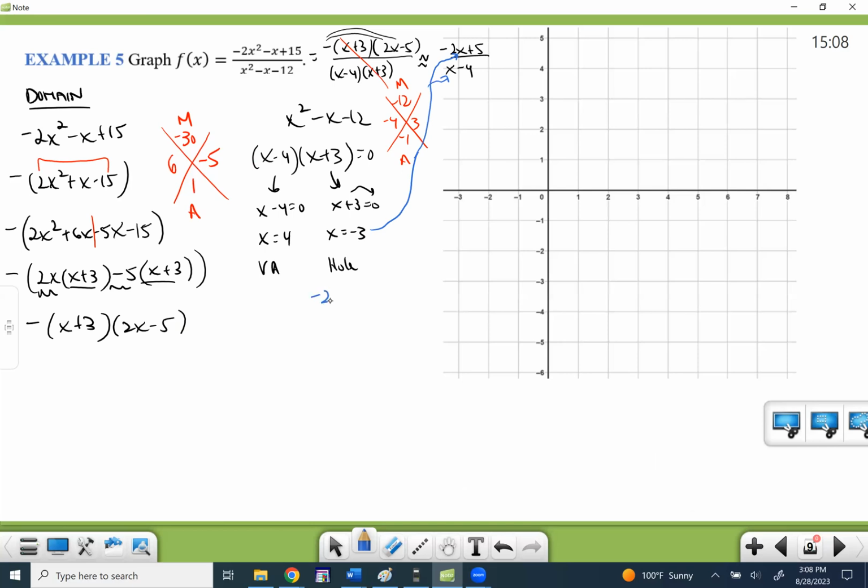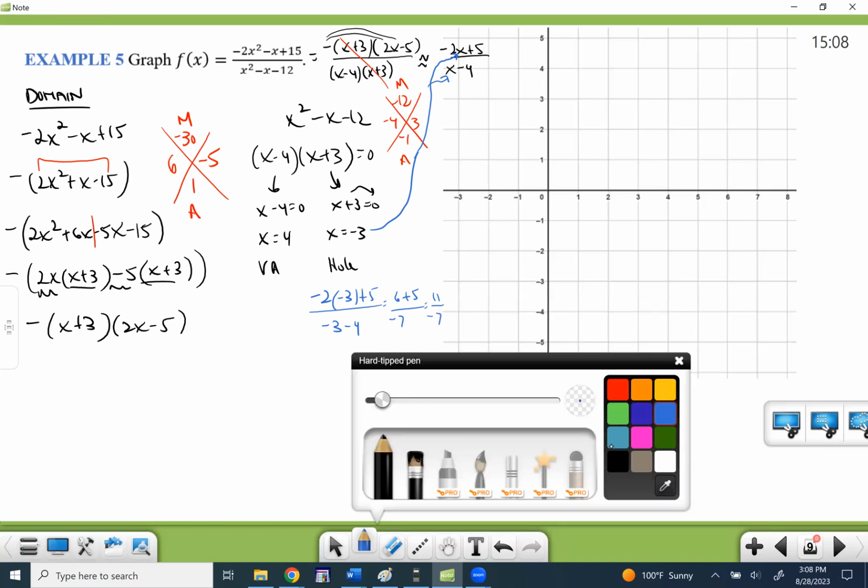So we've got negative 2 times negative 3 plus 5 over negative 3 minus 4. I substituted it in for all the x's. So this is going to get us 6 plus 5 over negative 7, 11 over negative 7.